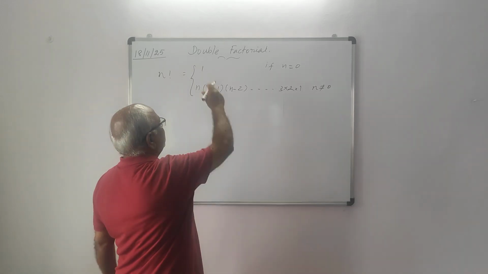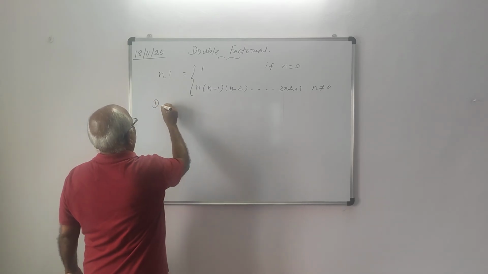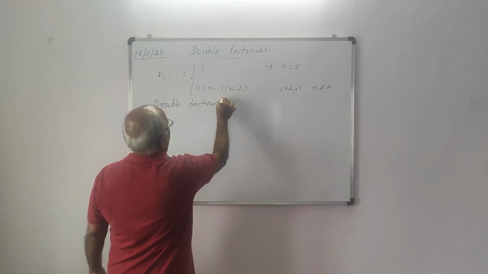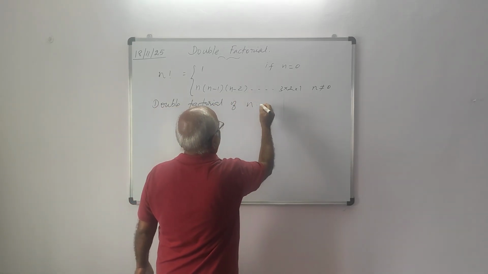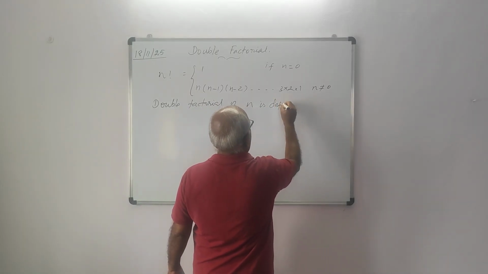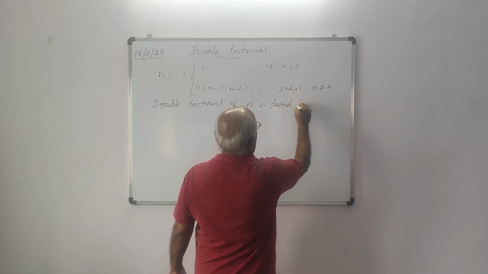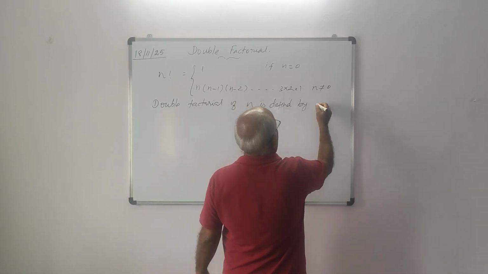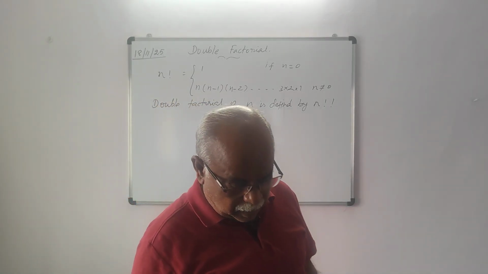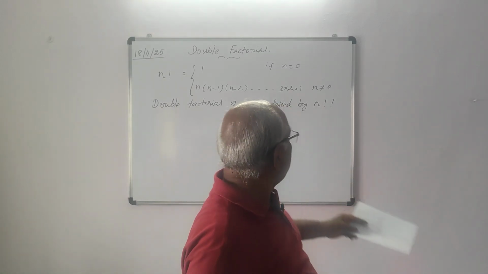Here I am going to define double factorial of n. Double factorial of n natural number. Double factorial of the natural number n is defined by n double factorial.